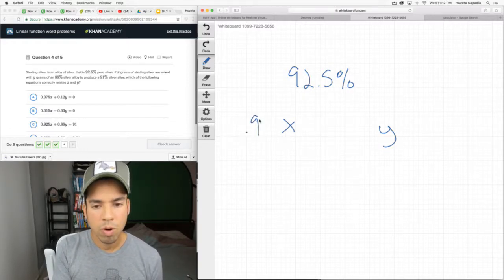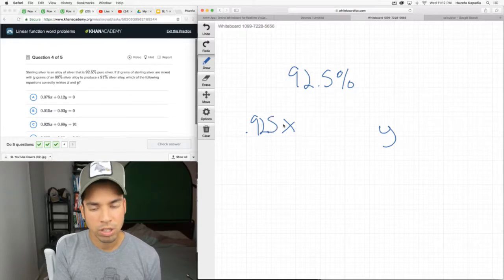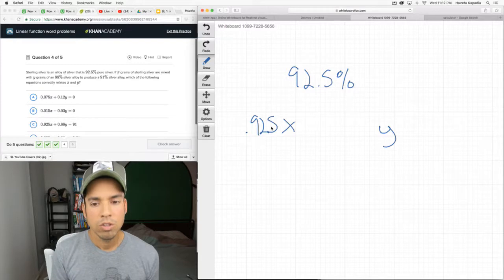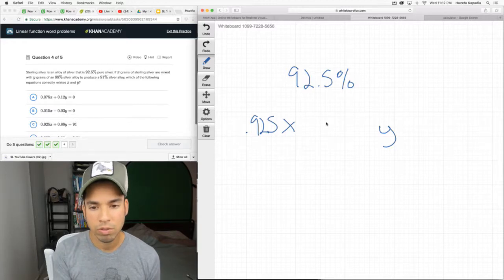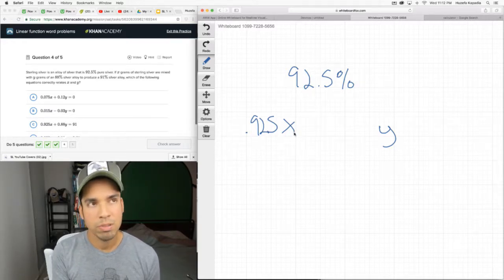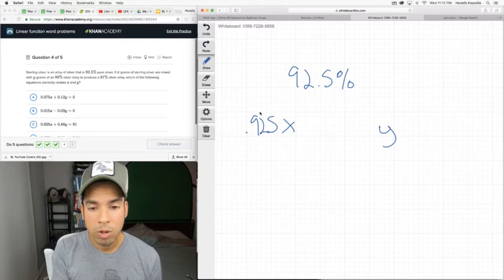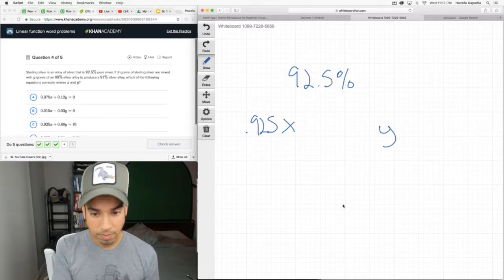And what am I doing? Why am I multiplying the percentage times the grams? Because I'm trying to represent the actual amount of silver in this. So if I have like 10 grams of sterling, 92.5% of that is pure silver. So 92.5% of 10 is 9.25. How do I get that? I'm multiplying the decimal of the percentage times the total number of grams.